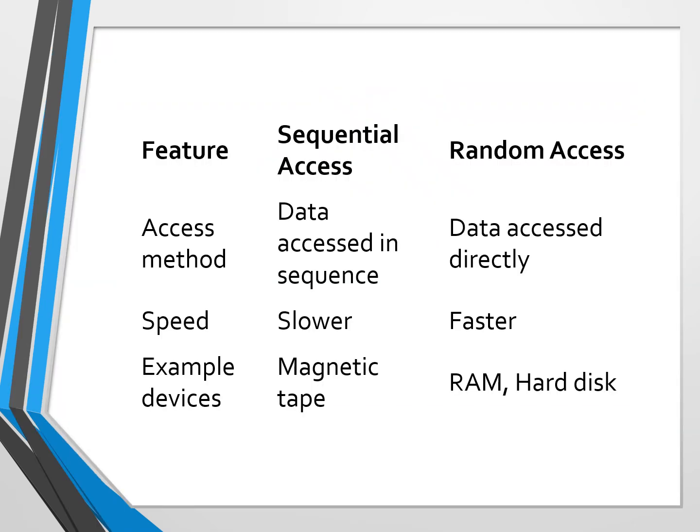So the speed varies based on these two different accesses. Sequential access speed is slower, as I told you earlier. Even if your data is in the sixth position, it will go in sequence 1 2 3 4 5 6, so it makes it slower. Compared to sequential access, random access is faster. Okay, the access method in sequential access is data accessed in sequence, and in random access, data accessed directly.